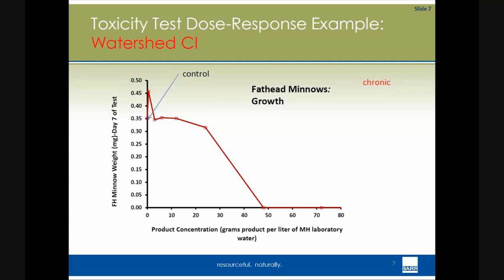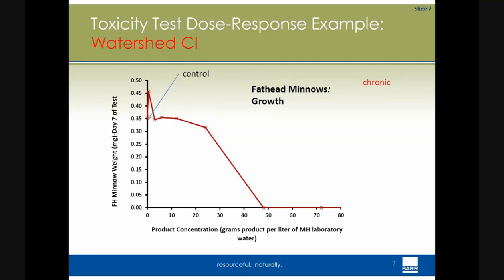And the laboratory water is water that has a range of cells supporting growth. The control showing no product, and then a whole range of different concentrations. On the y-axis, you have fathead minnow weight, which is a measurement of growth at the end of the test. So these measurements, this is after 7 days of testing.